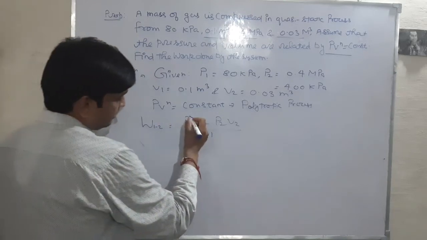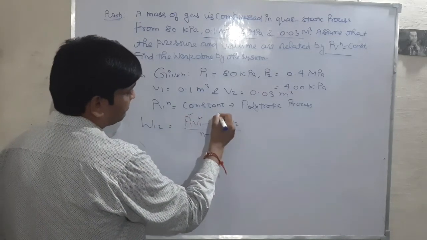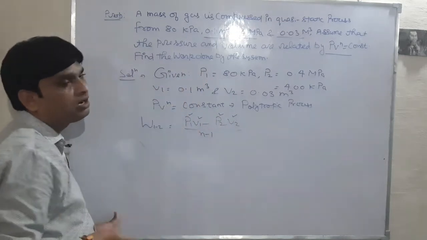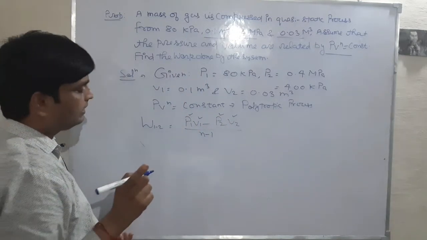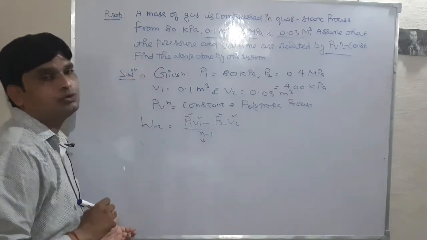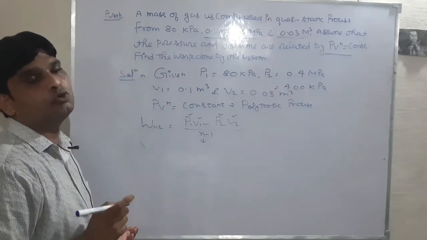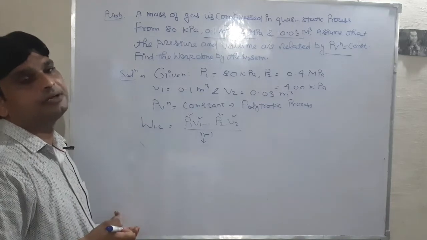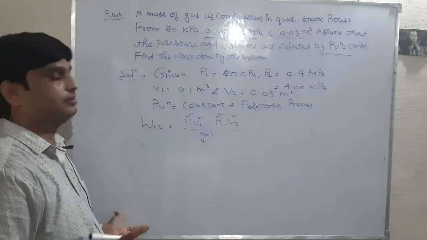Here the values of P1, V1, P2, V2 are given. Only the value of n is not given. So first of all we determine the value of n, and after this we determine the value of work done.